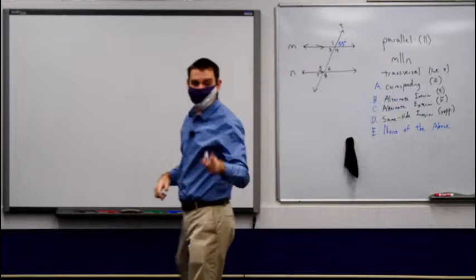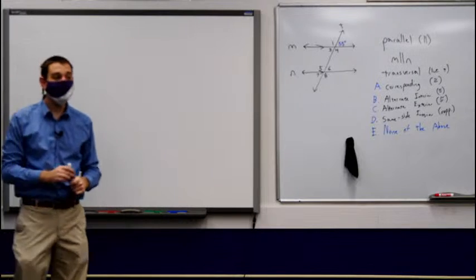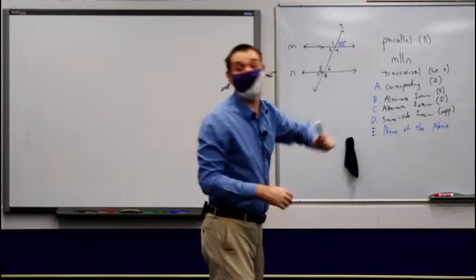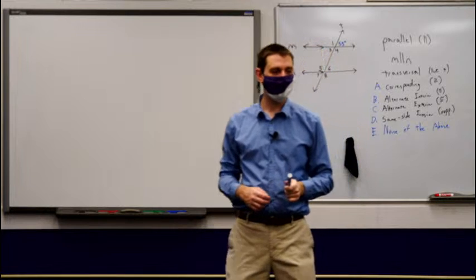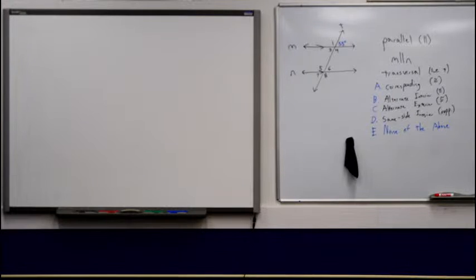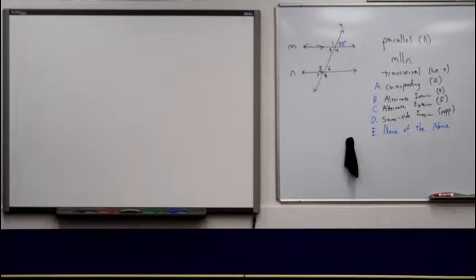And just based on that information, that angle 2 is 55 degrees, we can figure out all of the other angles in the diagram. You should be able to figure out all of the other angles in the diagram. So I want to give you a minute or two to actually try that. See how many of these angles you can come up with.